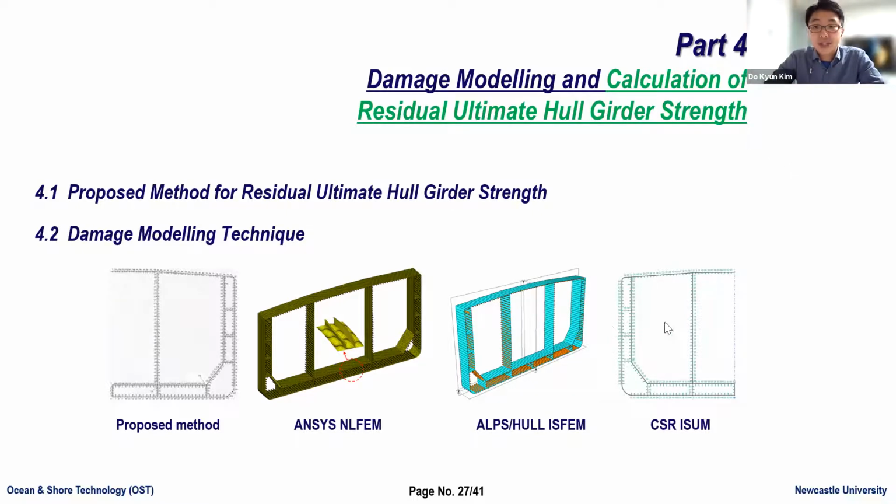It is quite efficient, but in terms of accuracy, it should be discussed further. And in between those two, we also have the ultra large size, intelligent, super size finite element method, which we call the ISFEM. So it's up to us. We can select either ANSYS or ISFEM or the CSR method. But in this study, we have utilized the ISFEM here.